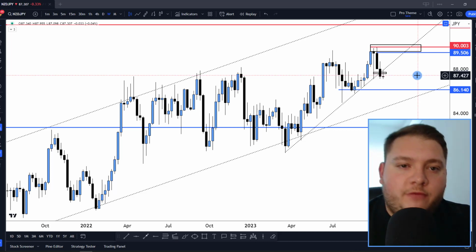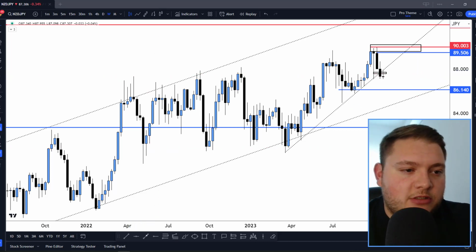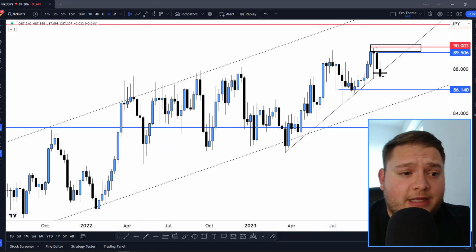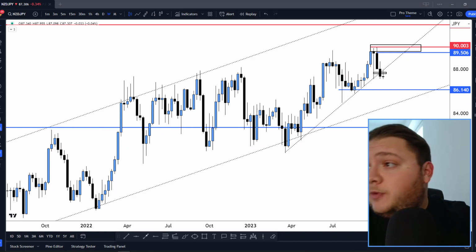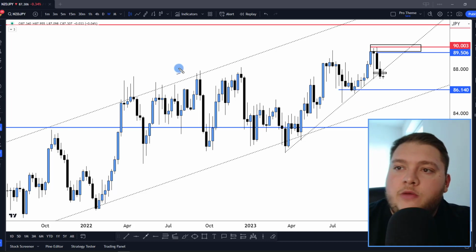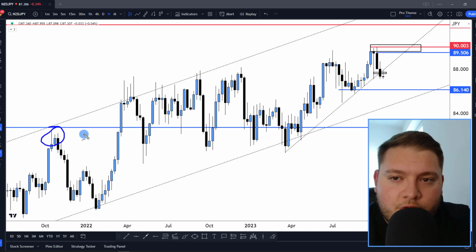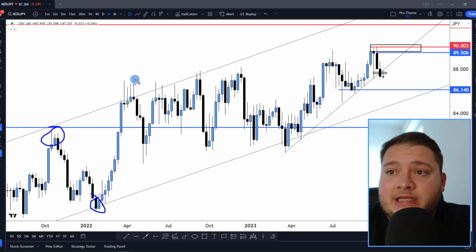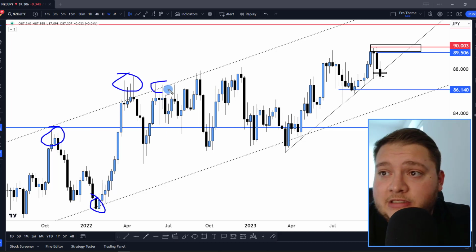Now, if I was just to show you and say simply to you, where would you want to get into the market just by looking at this chart, looking at the hindsight of where price has been in the past? You would always point out the turning points. You'd point out this high, you'd point out this low, you'd point out these highs in here, for instance, you'd point out all these lows.